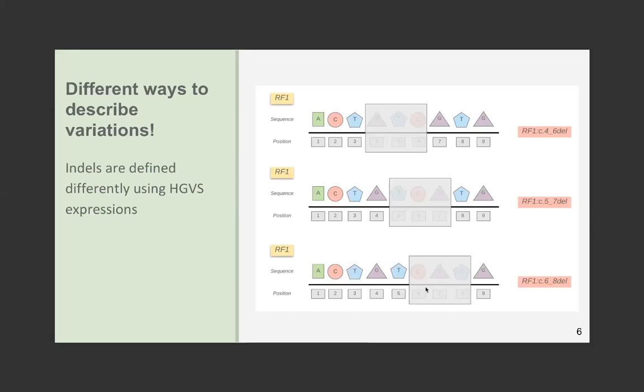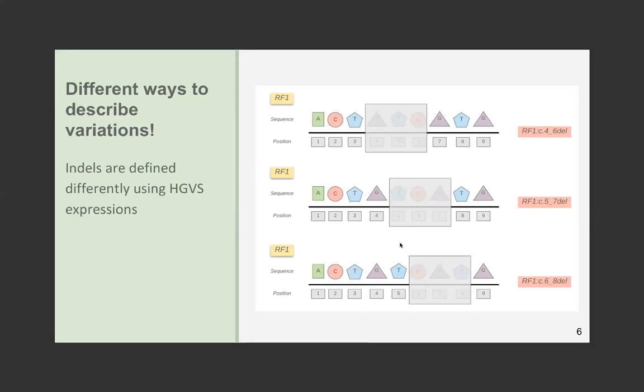But if you notice very carefully, you will see that no matter if I delete 4 to 6, 5 to 7, or 6 to 8, I am going to get the same alternate sequence, that is ACTGTG. So these are 3 ways you can define these deletions, and still they result in the same alternate sequence.